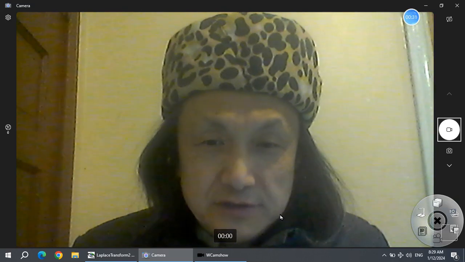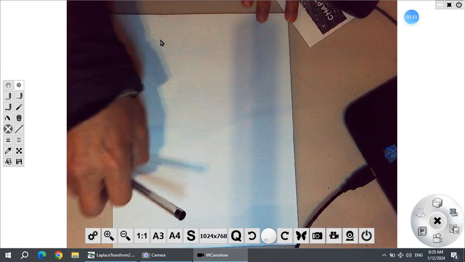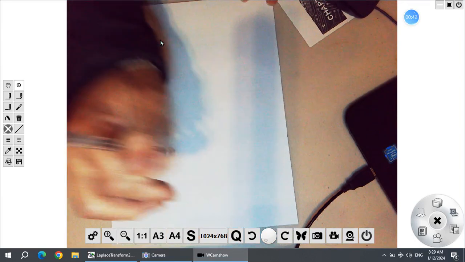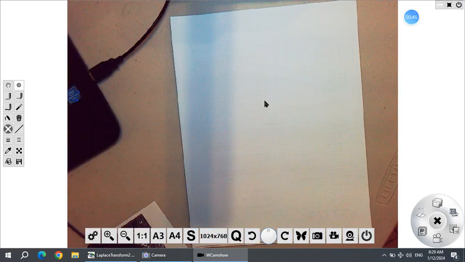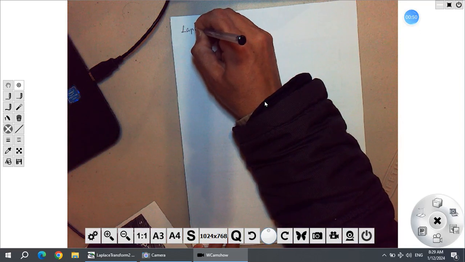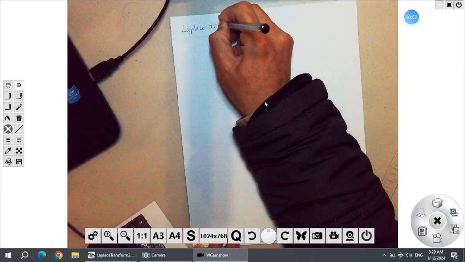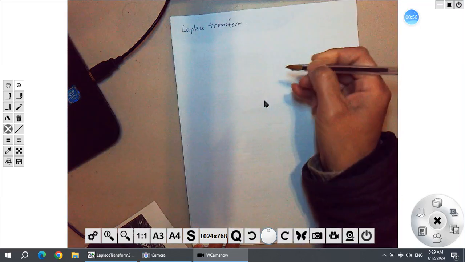Okay, let's just start. Today we will consider the Laplace transform. Last time we gave the definition, and also we studied the tables, right? Now we know the definition.